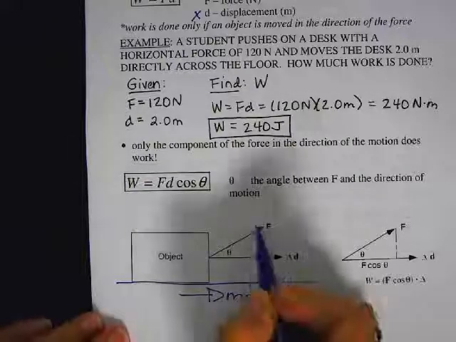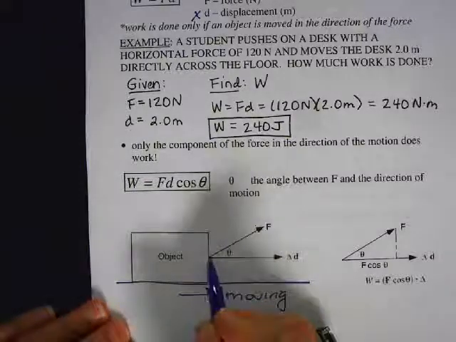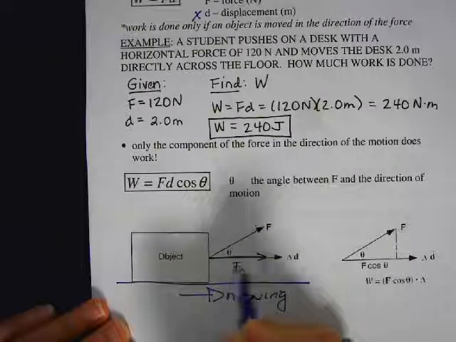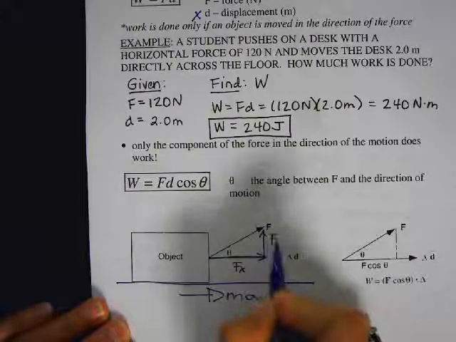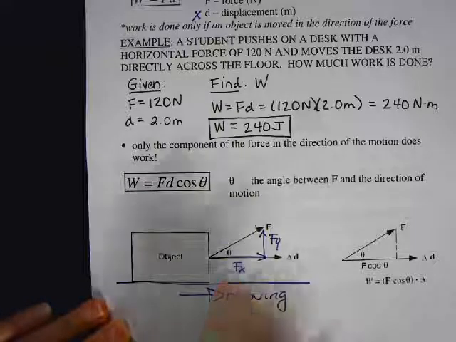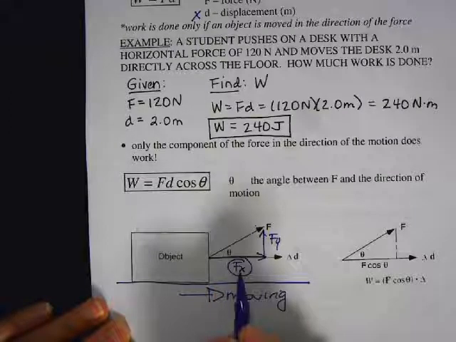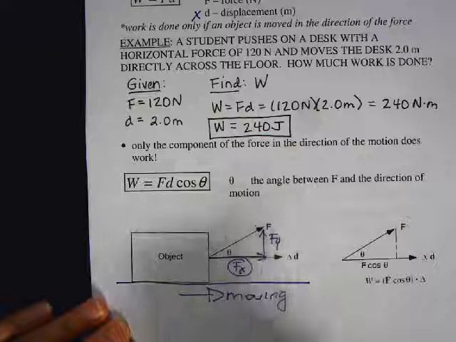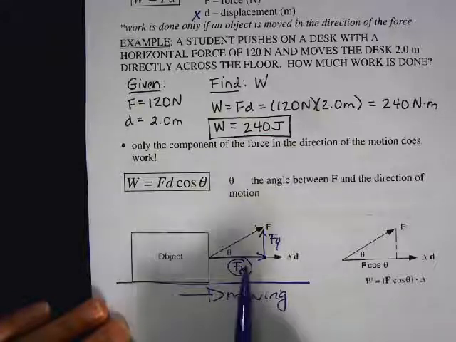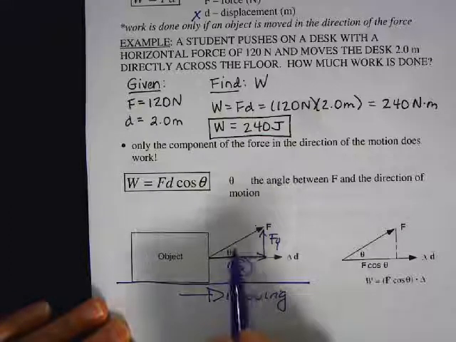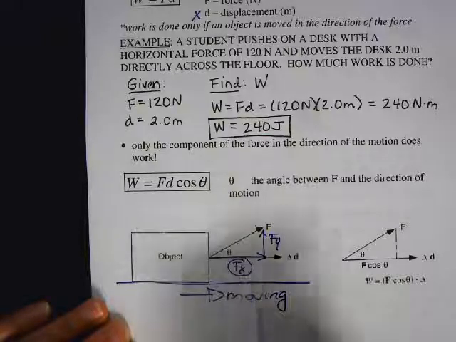Okay? So if this is my force F and I want to find the components, this would be Fx, and this would be Fy. So the x, the horizontal component, is the one that's doing work. It's the one that's going horizontally. So the horizontal component, if I look at the picture, is going to be F cosine theta because it's adjacent to the angle.